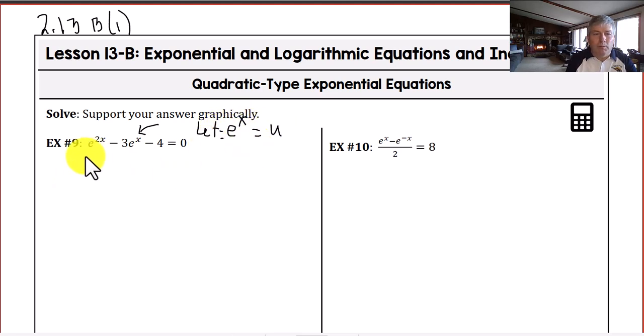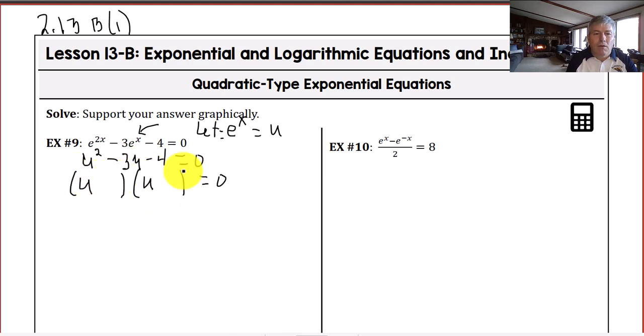So u is going to replace e to the x, and u squared replaces e to the 2x. So we end up with u squared minus 3u minus 4 equals 0. So this is easily factorable.